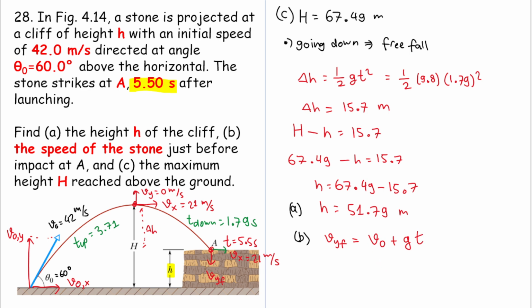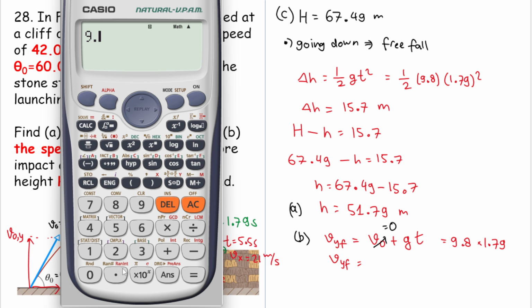Initially it is 0 here. G is 9.8, and the time when it is going down is 1.79. So Vy final is 9.8 times 1.79, which is 17.54.